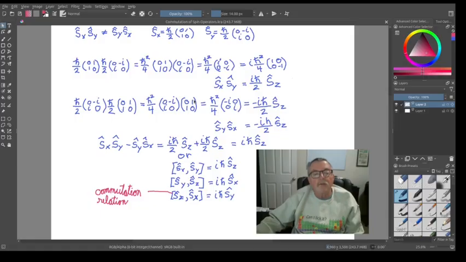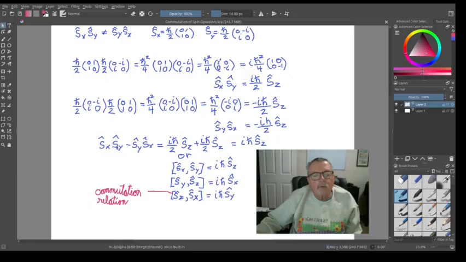Row 2, column 2 gives me an i down here. Now, I'm going to factor out a minus i from here, and then it'll be the z operator. So, going this direction, sy first, we get a negative i h bar over 2 times Sz, and this one becomes a positive i h bar over 2.